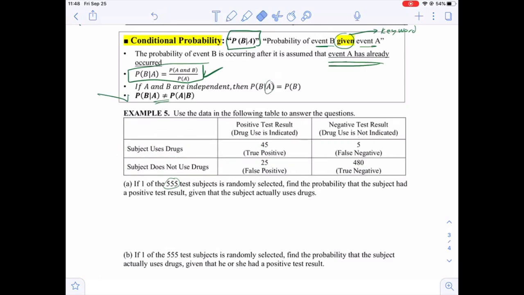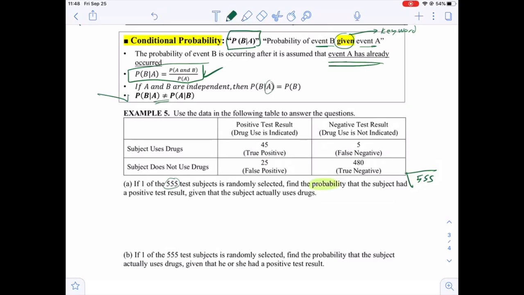Now, after paying attention to these numbers, the sample size, the sum of all these numbers, is 555. So we select one of them at random, and we want to find the probability.